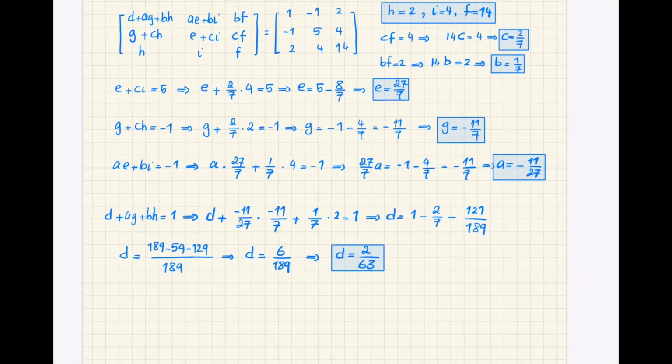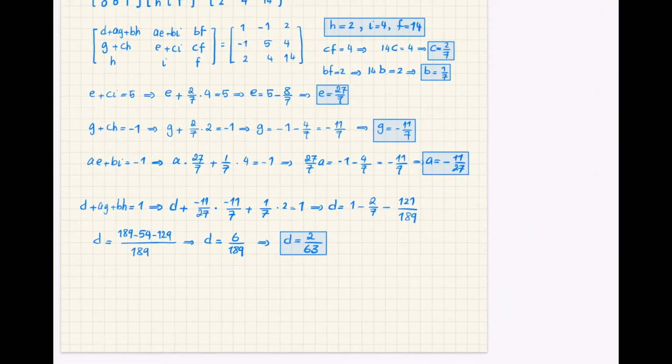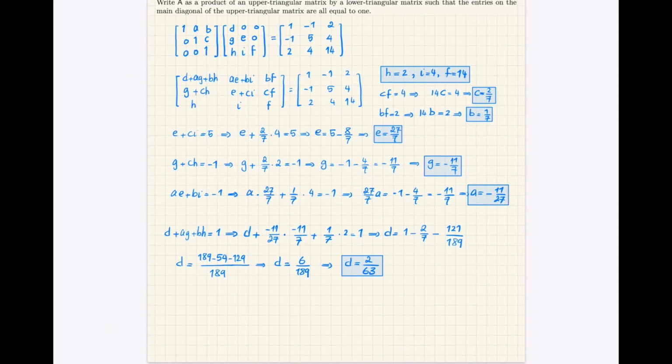Now if I make it a little bit smaller so that I can read everything, so here finally I can say that my matrix A can be written as this product. 1, you see I am just plugging these numbers here.